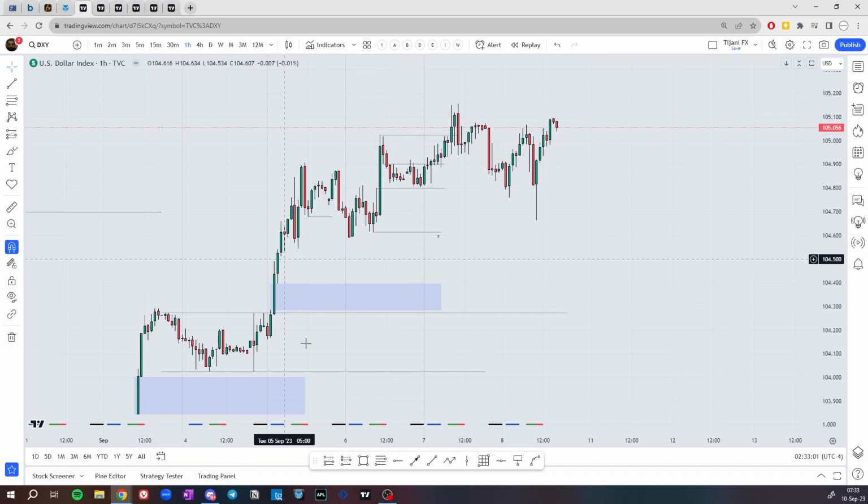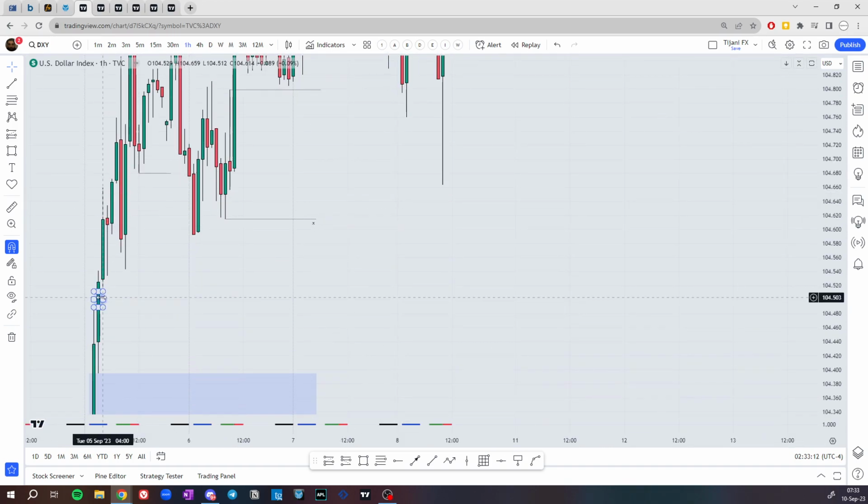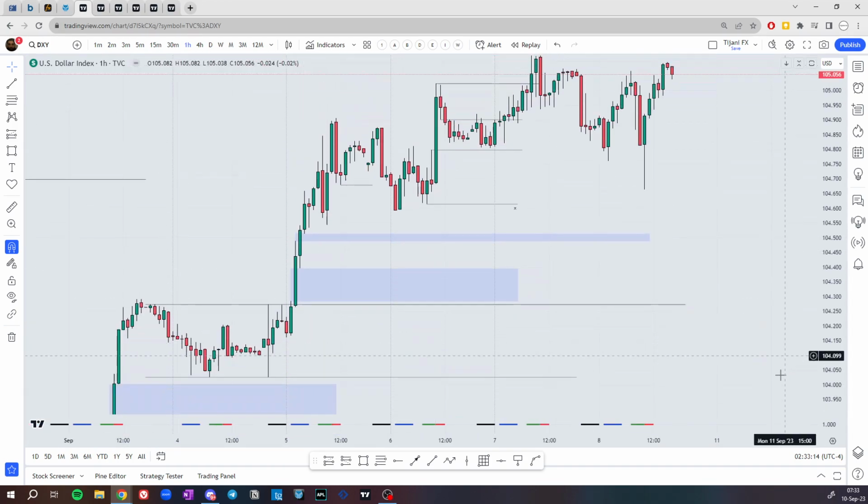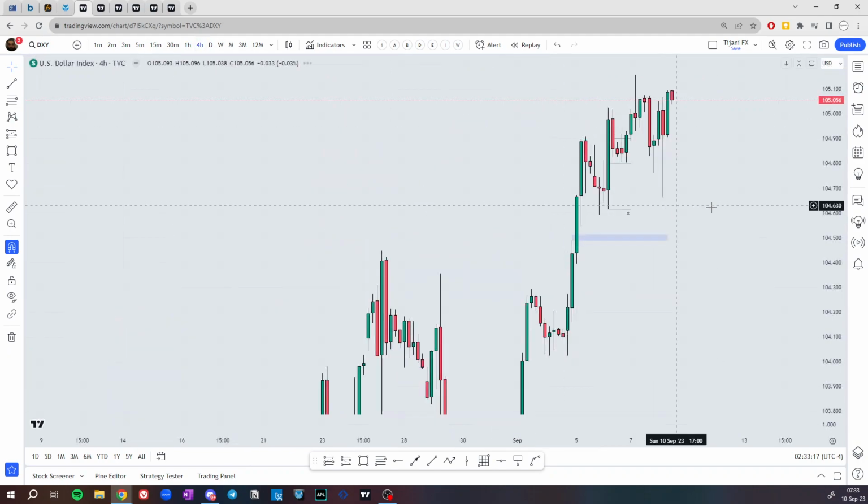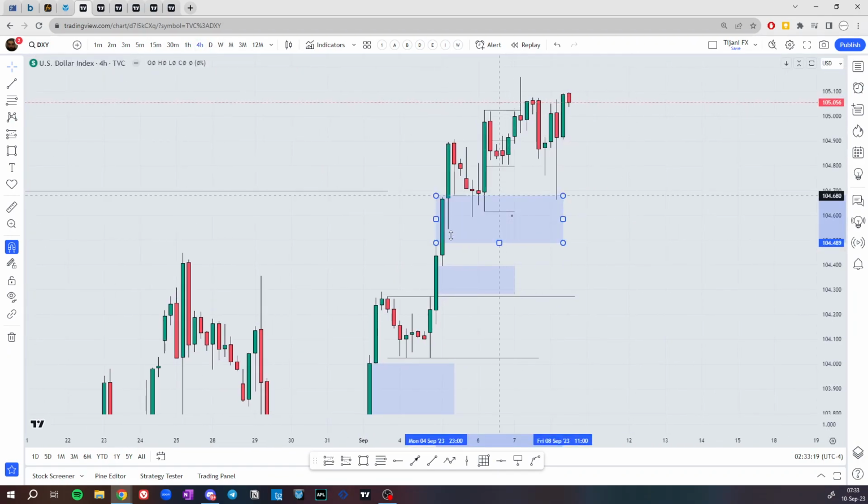The 1 hour fair value gap, these two fair value gaps that we have here, right? Or on 4 hour time frame, we have this one.